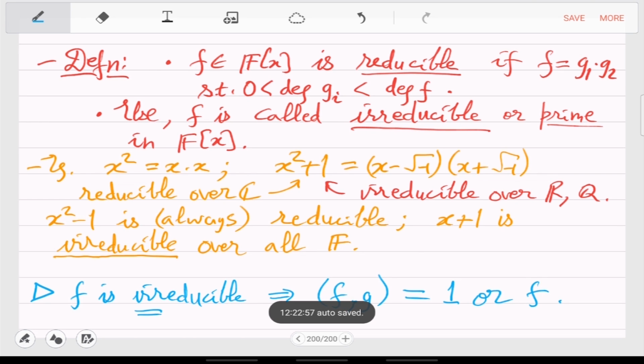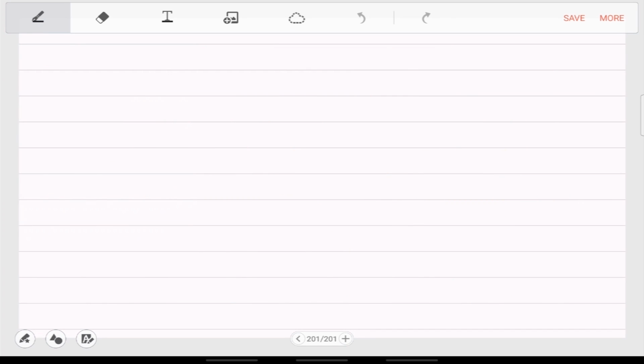Okay, so now let's talk about factorization.